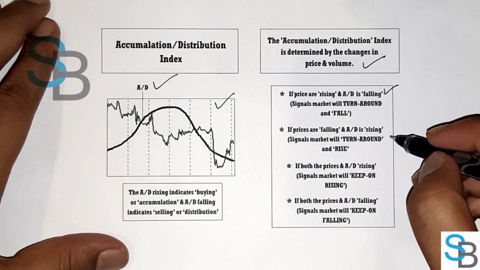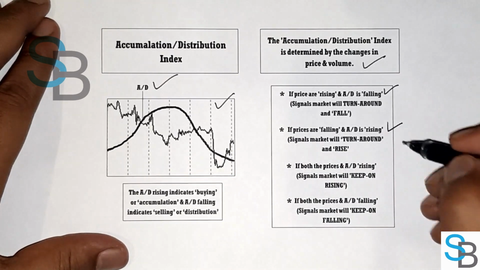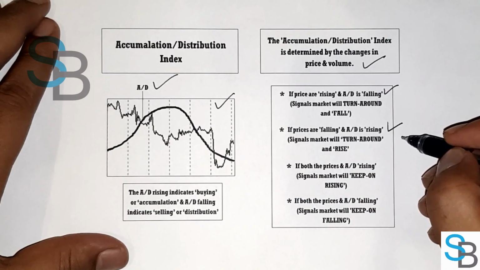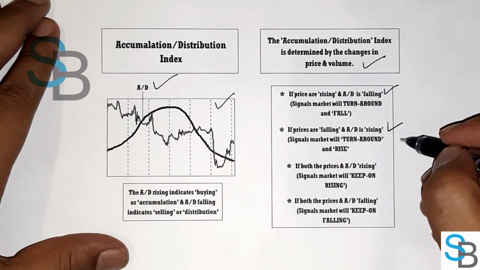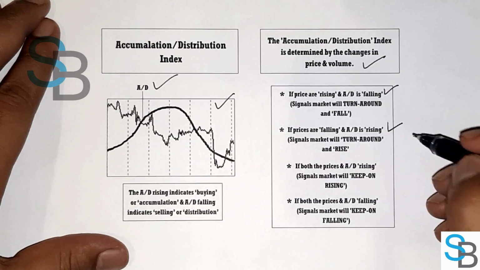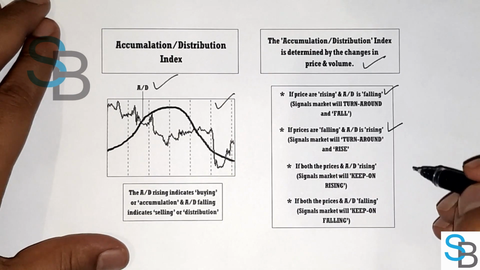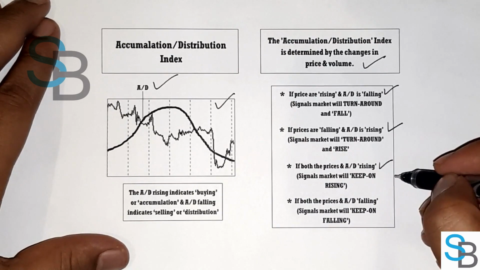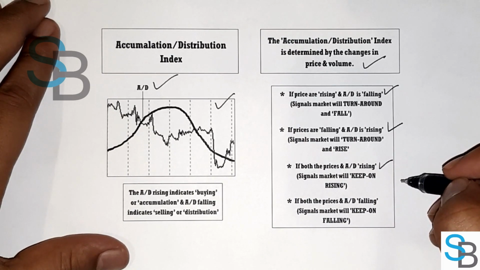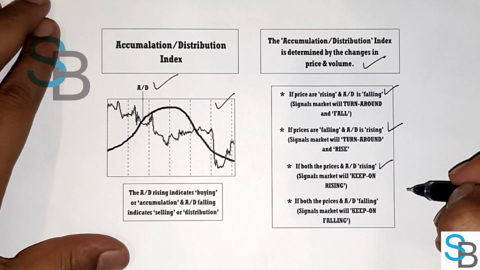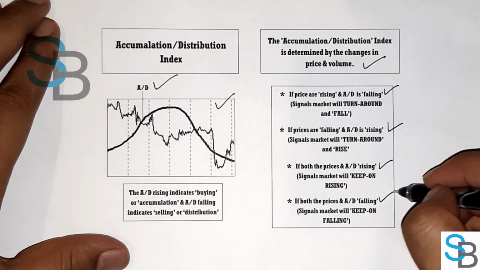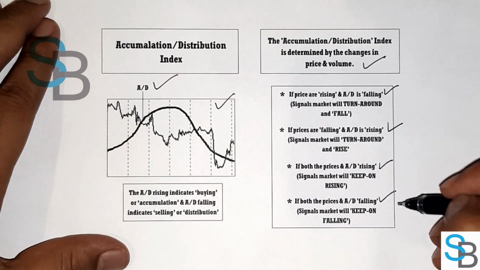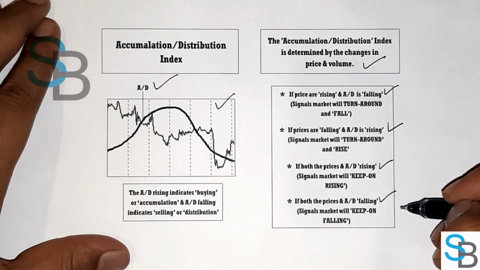If the market price is falling and AD is rising, this is a signal that the market will turn around and rise. If both the prices and AD are rising, this signals that the market will keep on rising. If both the prices and AD are falling, this signals that the market will keep on falling.